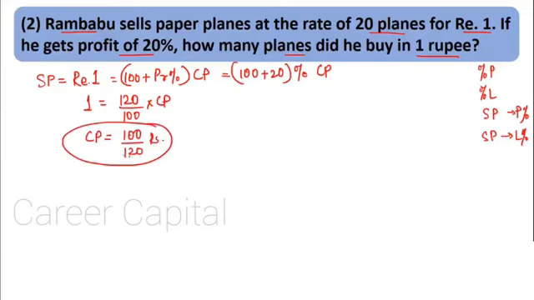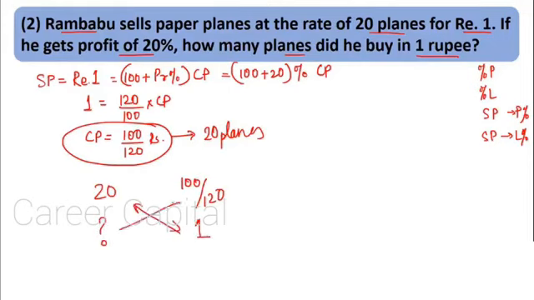Now the selling price is 1 rupee, and the cost price is 100 upon 120. Twenty planes are sold in 1 rupee. That means these 20 planes are bought in 100 upon 120 rupees. If 20 planes are bought in 100 upon 120 rupees, how many planes are bought in 1 rupee?